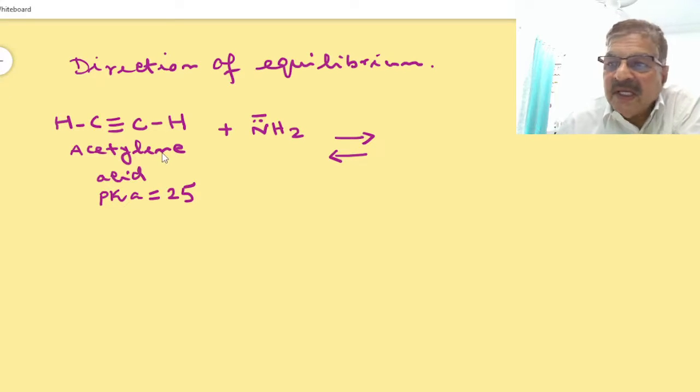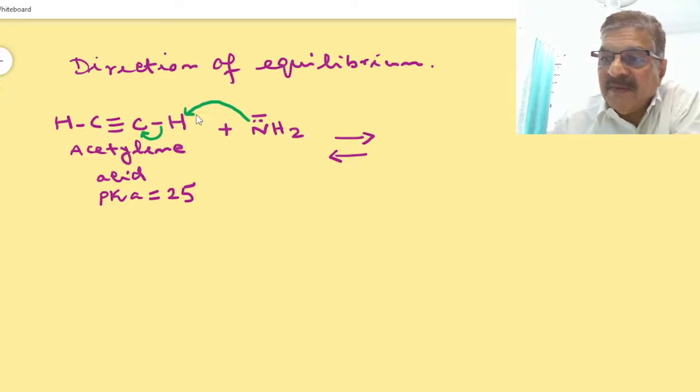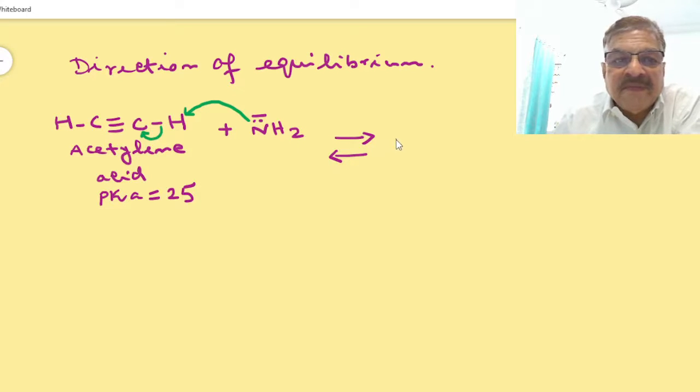Now we will see what type of reaction this is. There is a proton; this proton will go like this, and the electron pair will get shifted like this. Then this lone pair will take this proton. This is the way the reaction is taking place here. Now, what are the compounds formed?